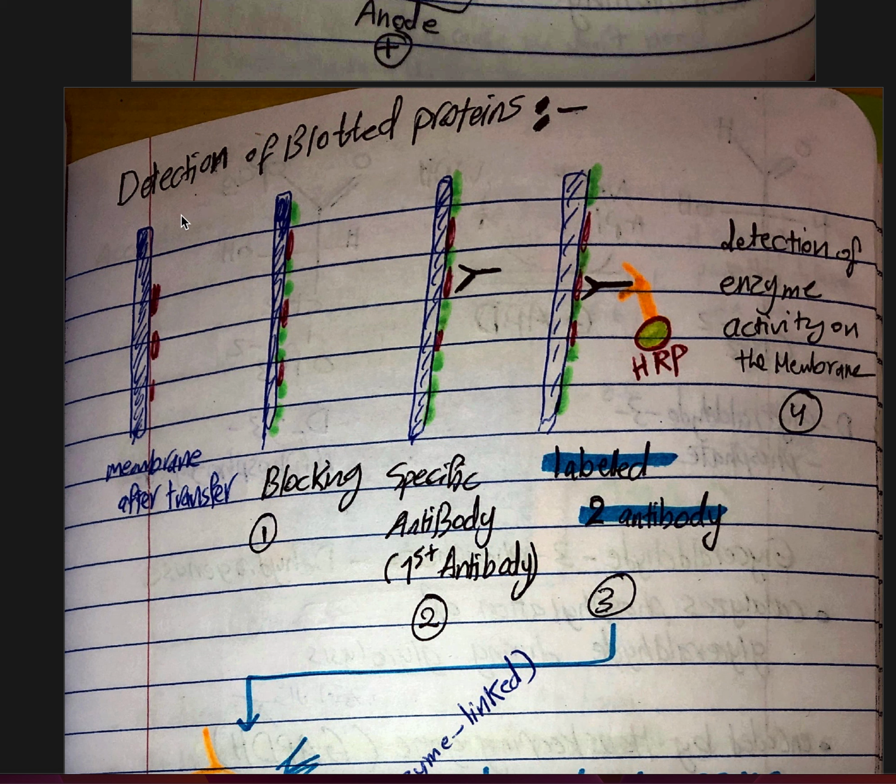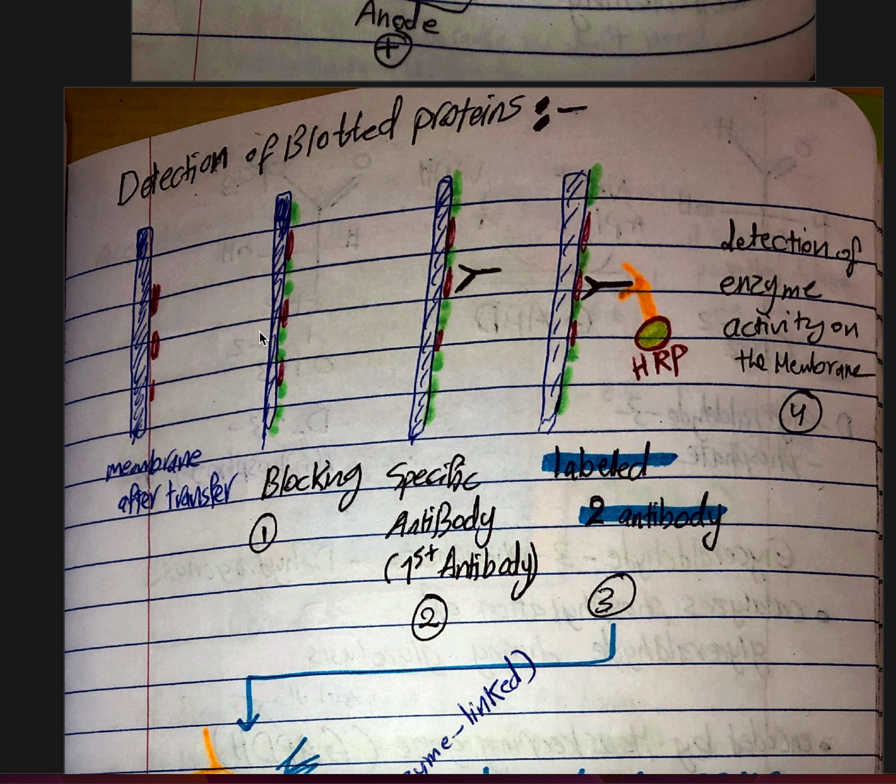We were talking about the Western blot, which is composed of many steps. The first step is electrophoresis for separating the proteins, and the second step is the detection of these blotted membranes once the proteins are on the membrane.